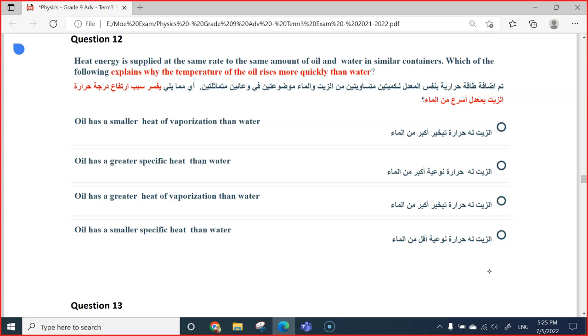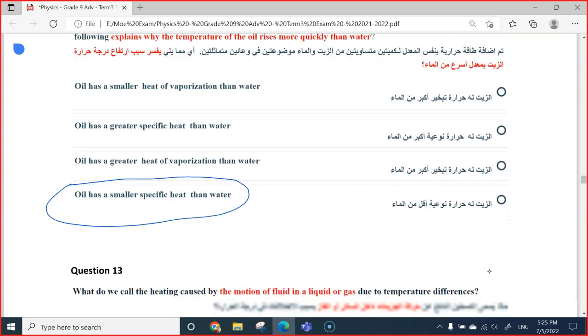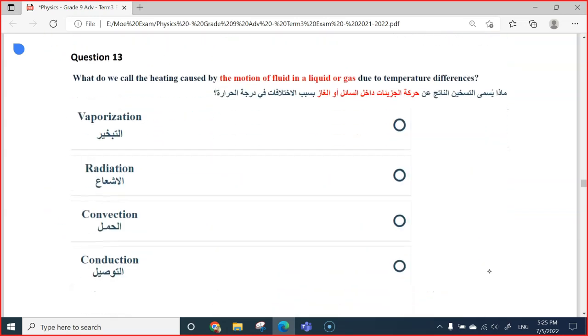If the value of specific heat is less for a material, it becomes hot faster, meaning its temperature increases faster. So the oil has a smaller specific heat than water. That is why the temperature of oil increases faster compared to the increase in temperature of water.